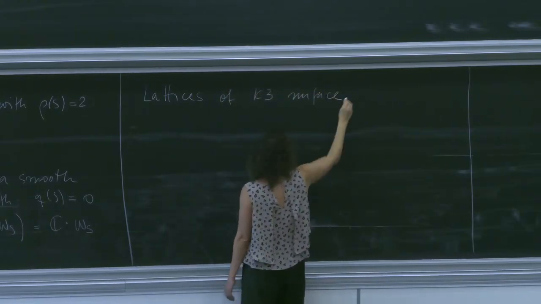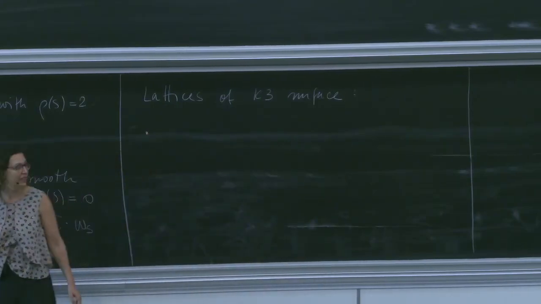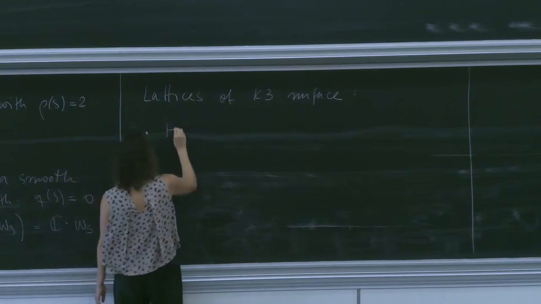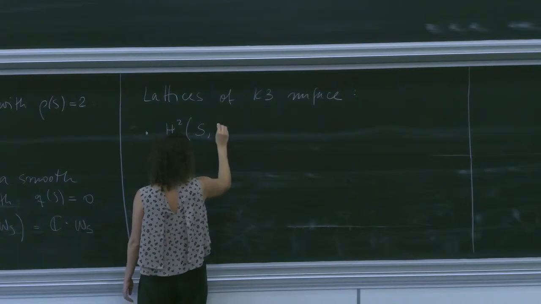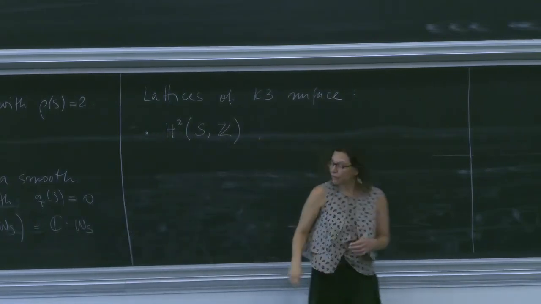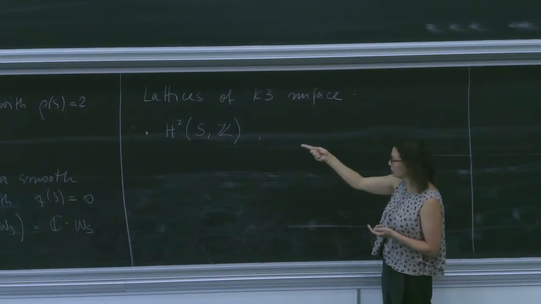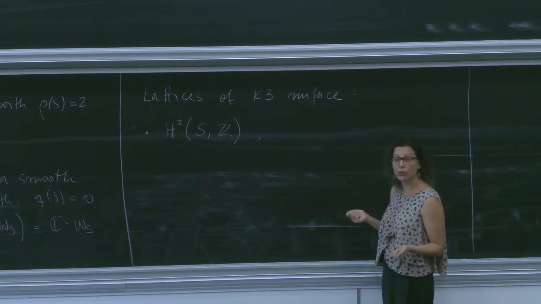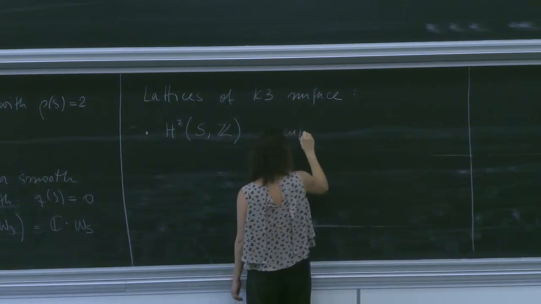So the first natural lattice that we will consider is given by the second cohomology group over Z, together with the quadratic form induced by the cup product.